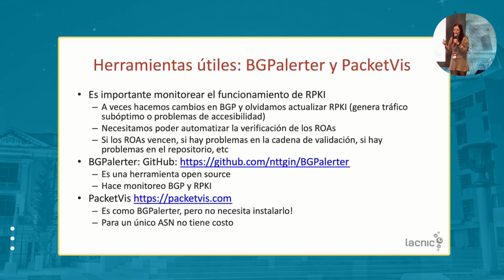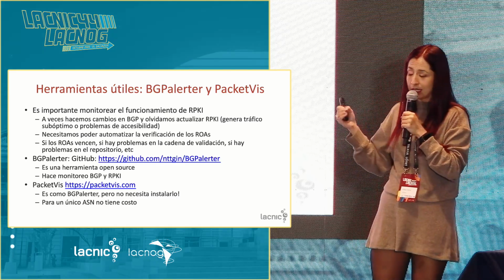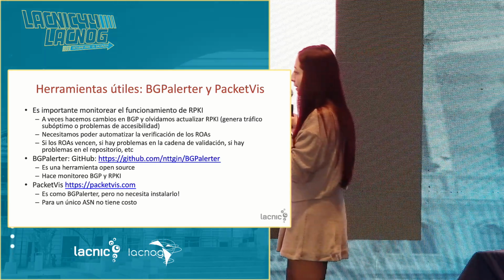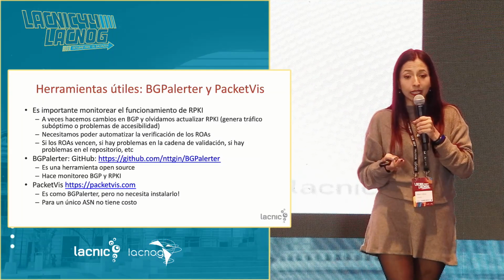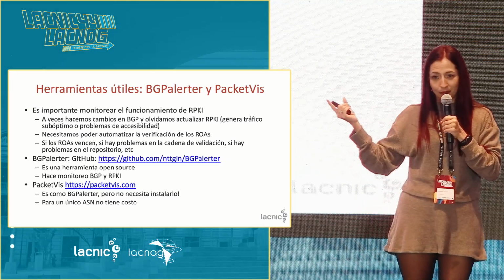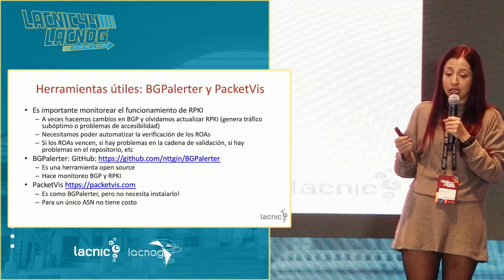But if I did generate the certificates and there have been some changes in my publications, in many cases, we not only operate the network, but you have an operations group that segmented a network. It was assigned to another autonomous system, or it was segmented and is still published, but because it was segmented, smaller prefixes are published and the ROA was not generated. So in that case, this appears as not valid.